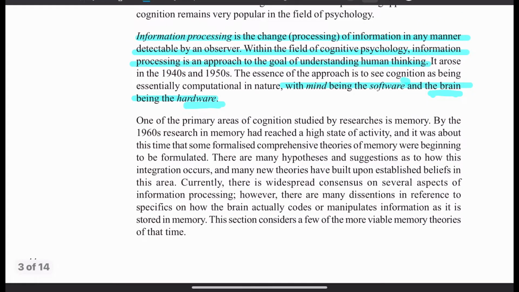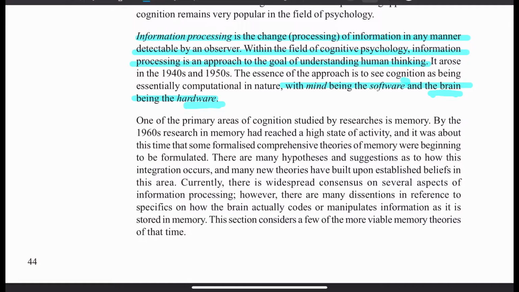Now if you want to understand information processing, you must have some model of how information is processed and how that functions. There are many researchers and scientists who have developed different models to understand it, just like this computer model.